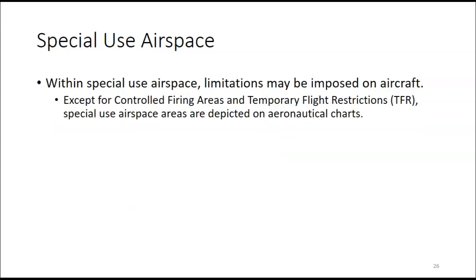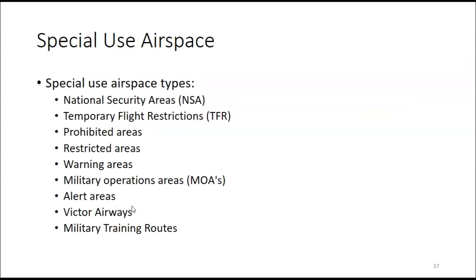Now there's other airspace known as special use airspace, and ATC can put limitations on aircraft while in special use airspace. Special use airspace is depicted on sectional charts except for controlled firing areas and temporary flight restrictions. There are many different special use airspace types.